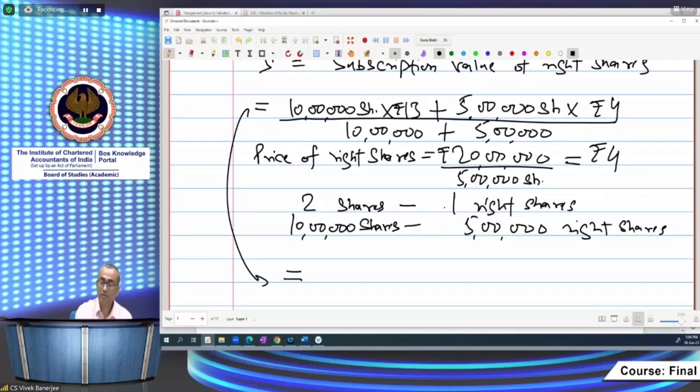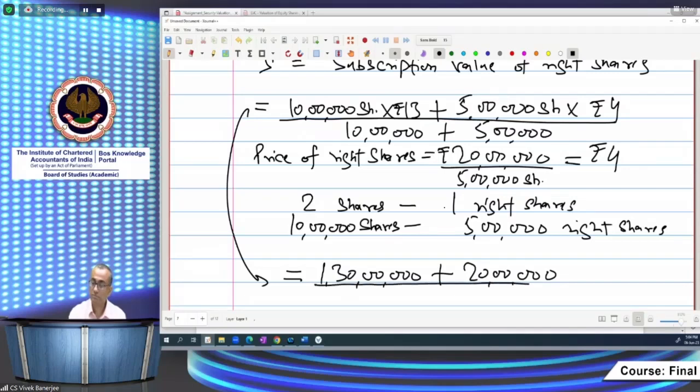Now calculate it again. 10 lakh into 13 is 1 crore 30 lakh, plus 5 lakh into 4, which is 20 lakh, divided by 10 lakh plus 5 lakh, 15 lakh shares.